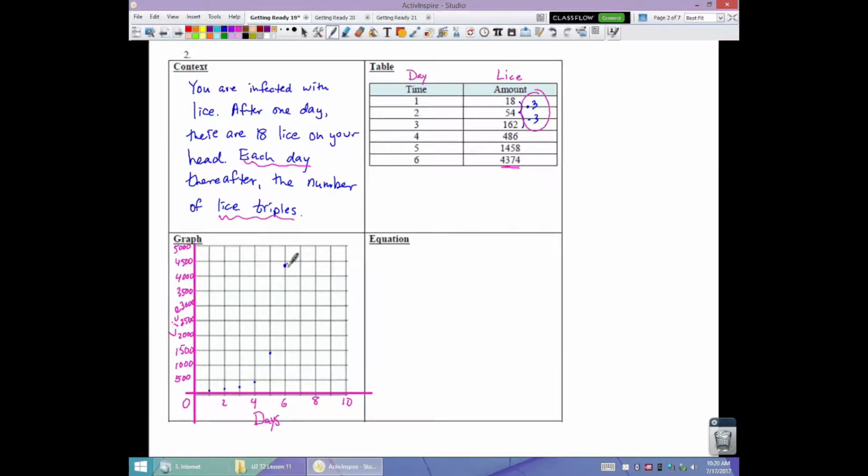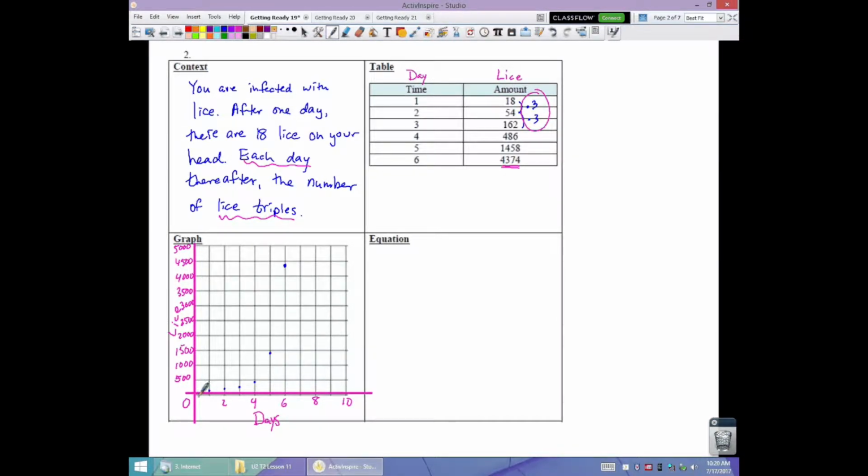In this one, I would say we probably should connect it because the lice do not multiply all at once. The days go by, the lice are continuing to grow, to multiply in between those days also.